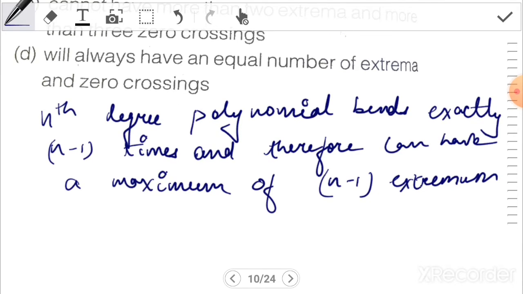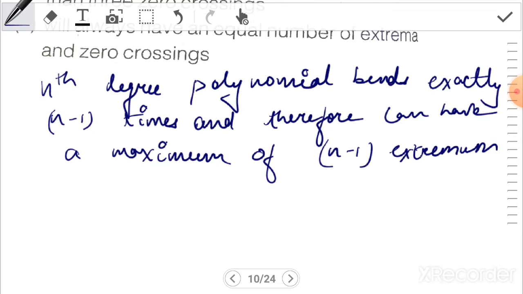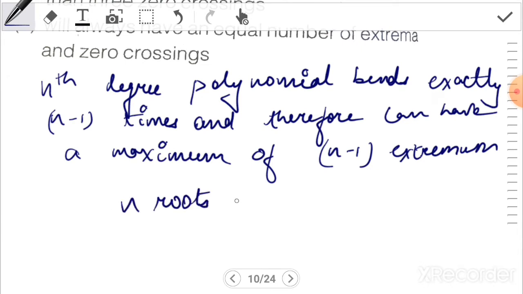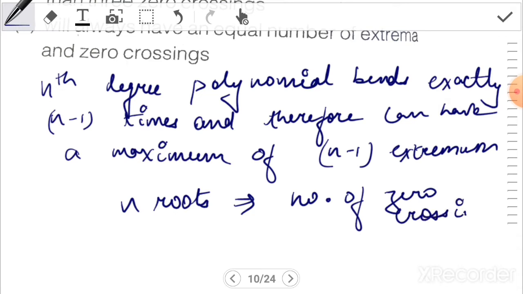Okay, and also nth degree polynomial has n roots, and n roots means zero crossings. This is the number of zero crossings. Yes.